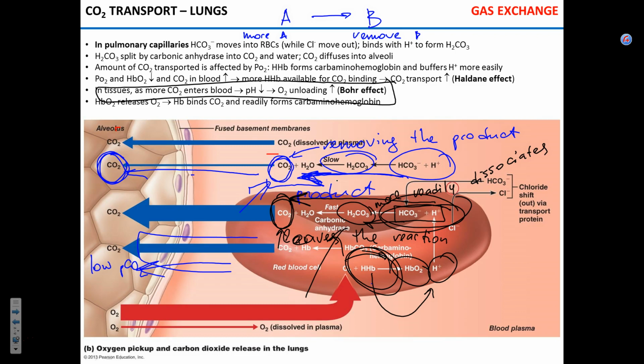And that actually corresponds to the so-called Haldane effect, which refers to elevated levels of hemoglobin due to elevated CO2. So the Bohr effect refers to the role of acid. The Haldane effect refers to the role of CO2. Okay?